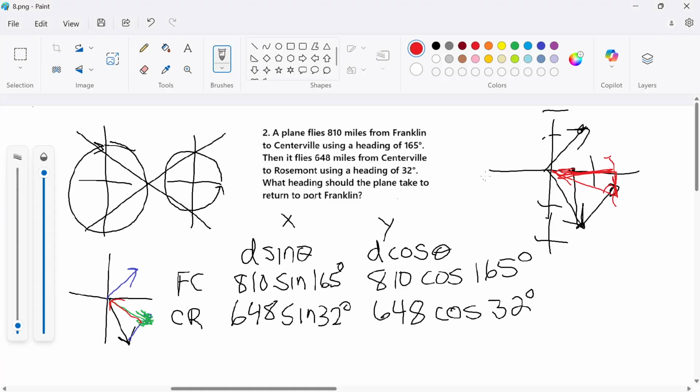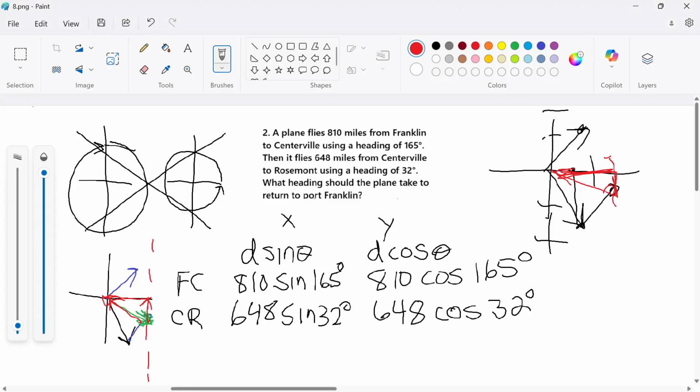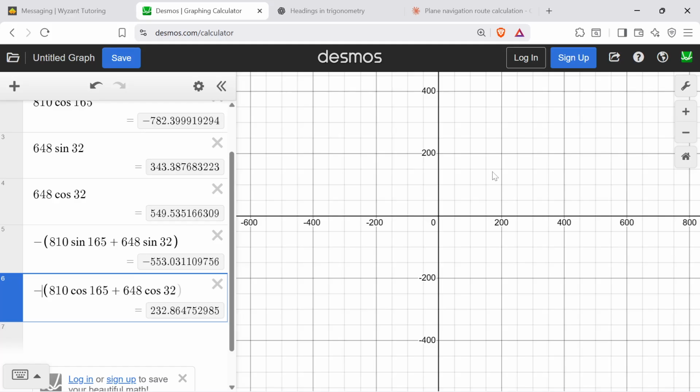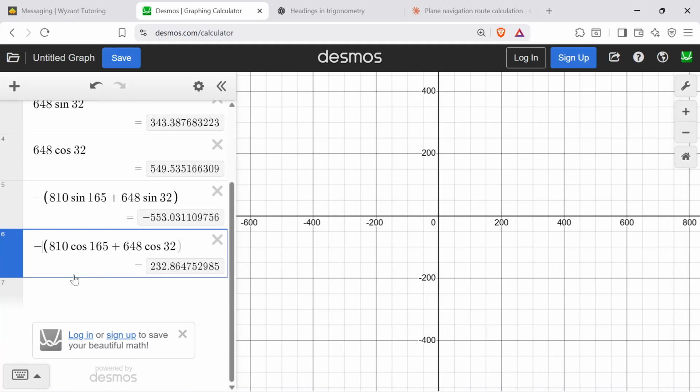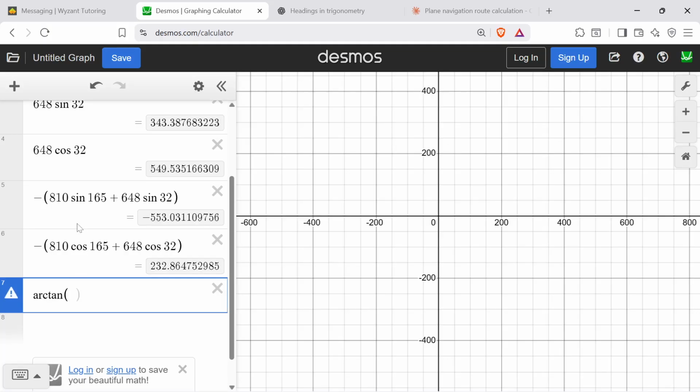So I'm here at my destination, and I've got kind of a new coordinate plane, and I go negative 553 and up approximately 232. That will get me 553 to the left and up 232, and that gets me back to the destination. So now I want to take the arctangent of that whole thing so that I can find the angle, because that's what it wants.